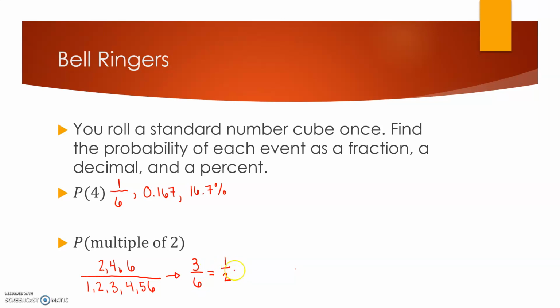And then there's our fraction. If I do 1 divided by 2, we'll get 0.5. Changing that to a percent means moving the decimal 2 to the right, and so we would get 50%. Remember that when it's 0.5 and we move that 2 to the right, we're going 1, 2 over, and so we need to fill in that space. Don't make the mistake of putting 5%. So 50%. There's our 3 ways of writing it.